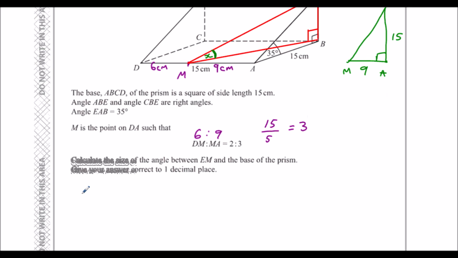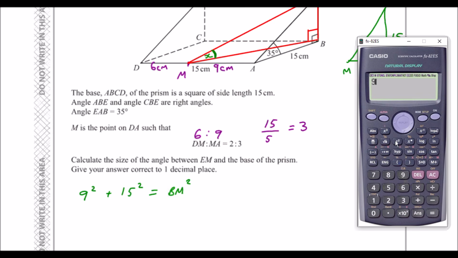So 9 squared plus 15 squared equals our MB squared. We can use the calculator. 9 squared plus 15 squared is 306.